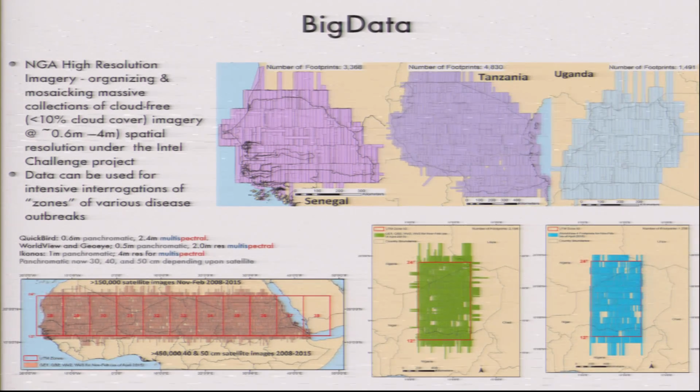In terms of applications for vector-borne diseases, I think this data can be interrogated to look critically and in detail at particular zones of outbreaks, for example, where Ebola occurred or where Rift Valley fever emerged. So we can observe exactly what is going on with the changing ecosystems in these locations.